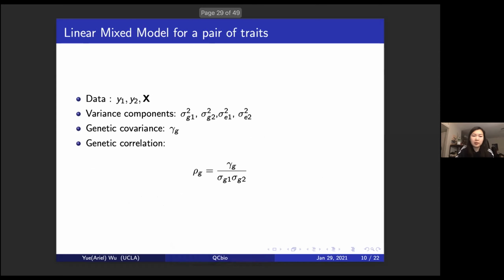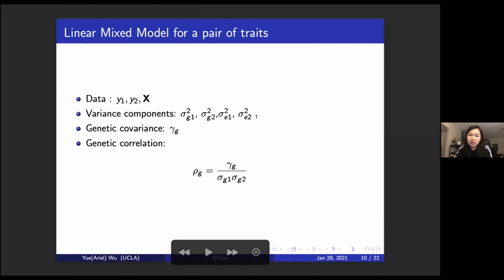So now, just a recap on the bivariate linear model. We have the input data, which are two vectors containing the measurements on two phenotypes, and also a genotype matrix X. The parameters we are trying to estimate are the genetic variance components, sigma G1 squared and sigma G2 squared, and the environmental components, sigma E1 squared and sigma E2 squared.